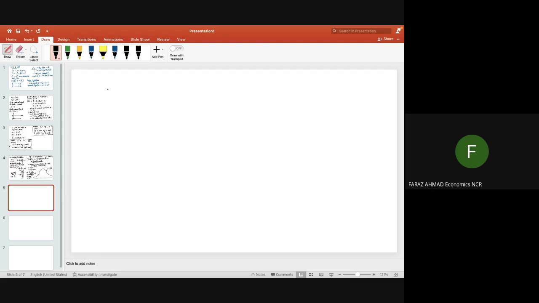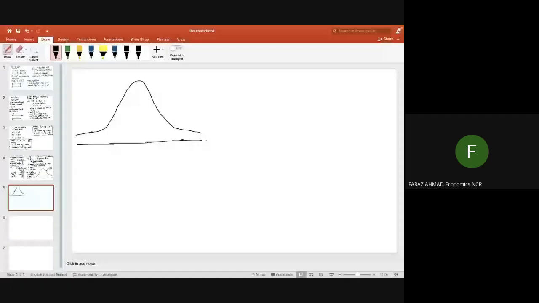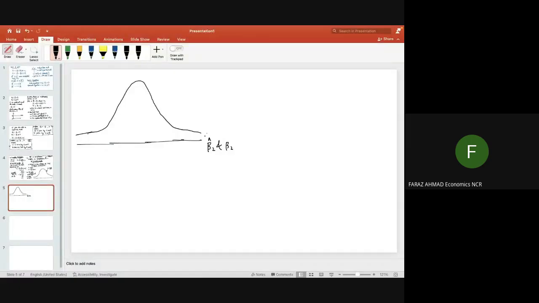So what we do is we have a distribution, and we have beta 2 hat and beta 2 both on the x-axis, right?